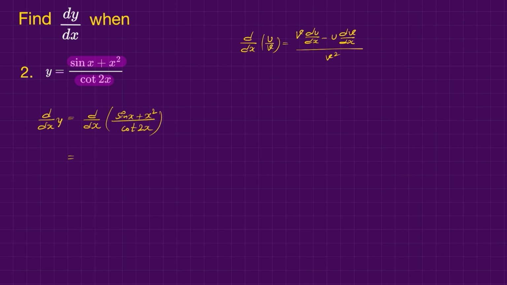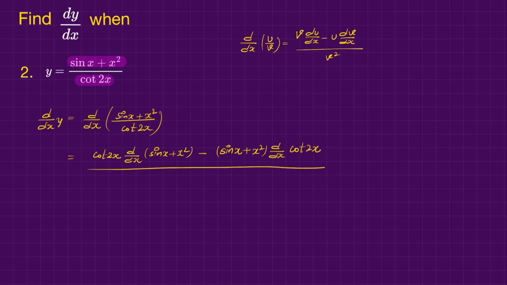According to the quotient rule, first I need to write the v, that is the denominator, cot 2x, times d/dx of the numerator u, sin x + x², minus the numerator first, times the derivative of the denominator, cot 2x, whole divided by the denominator squared, that is (cot 2x) whole squared.